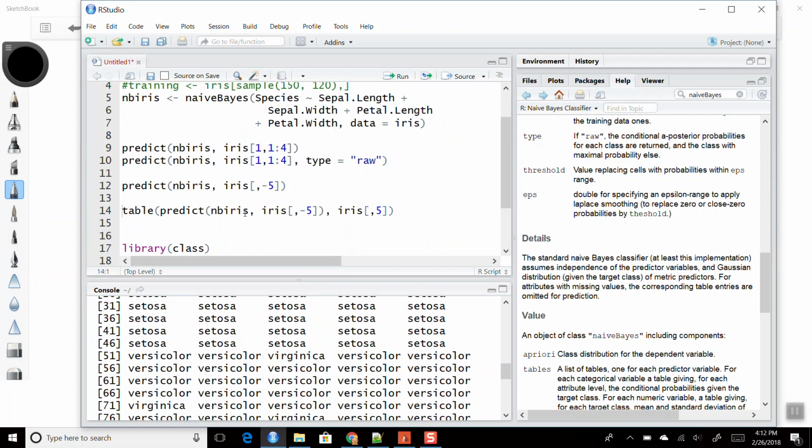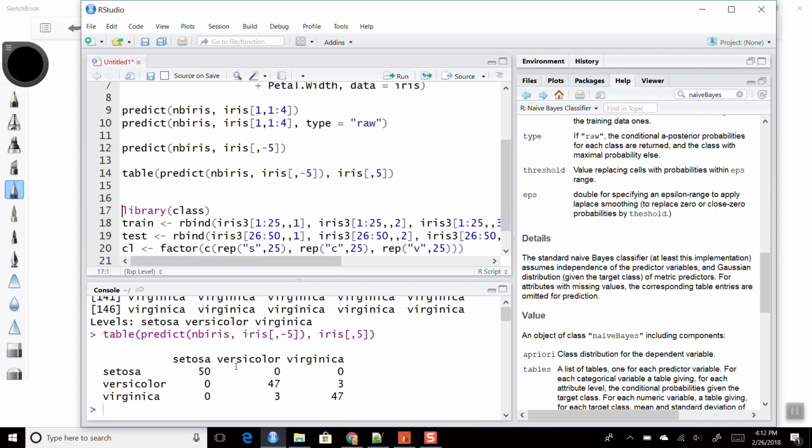If we want to see how good our predictions are, we can compare the predictions from the previous command to the actual species label and create a table. And it's mostly pretty good. For setosa, it's got 50 for 50, and then for versicolor and virginica, it's made 3 misclassifications for each of those.